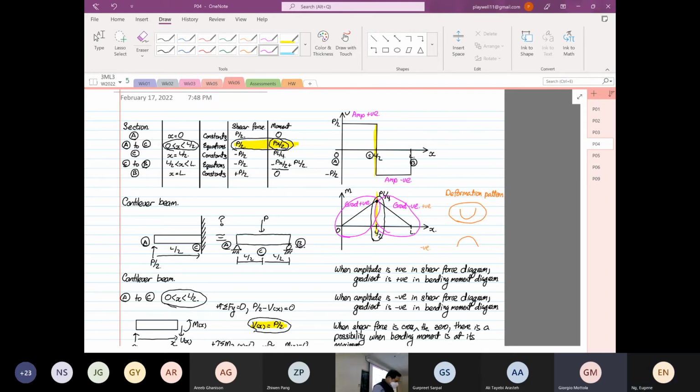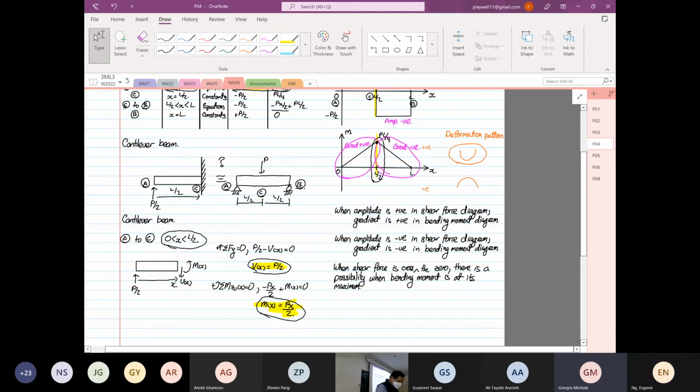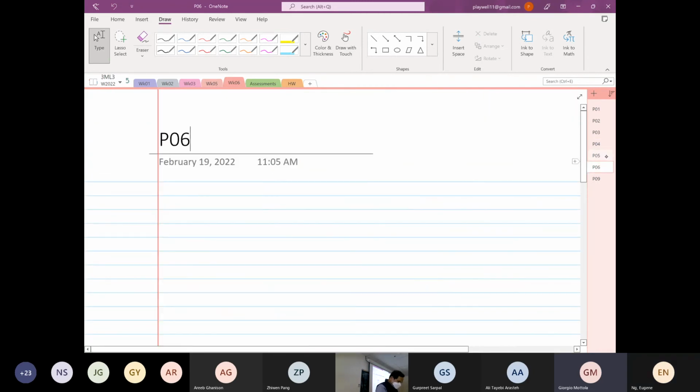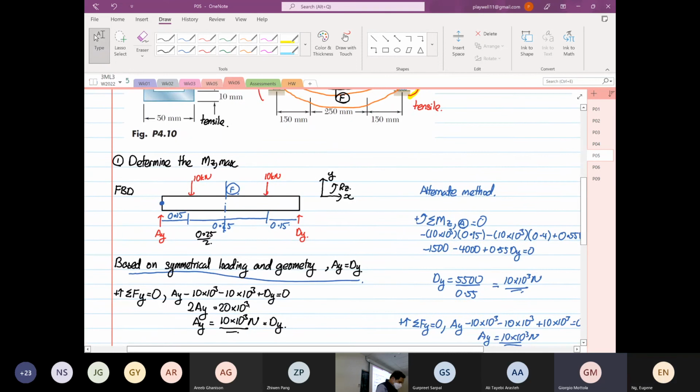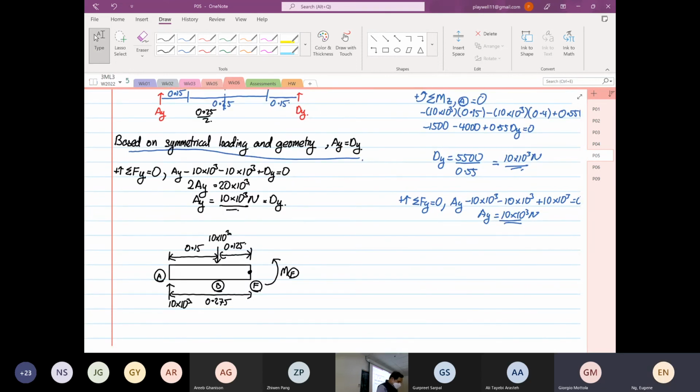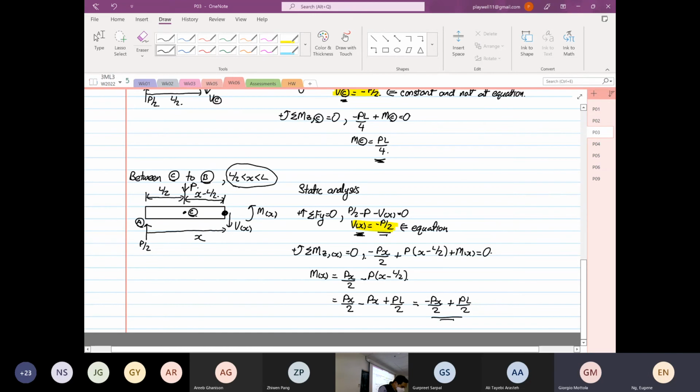Okay, so now we are going to analyze the moment at point F. So we are going to do statics. If you look at this diagram now, before we were drawing a lot of this type of diagram, right?